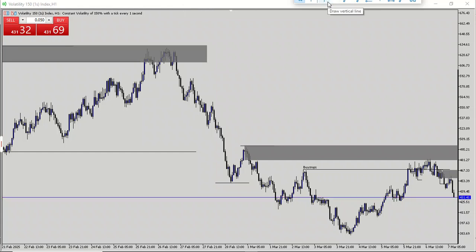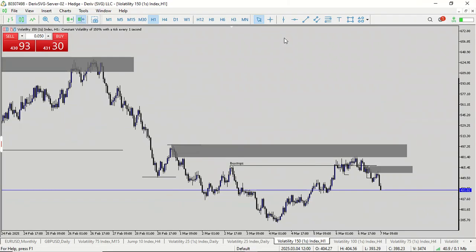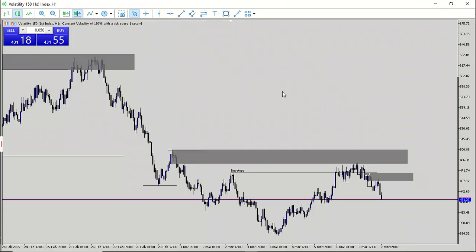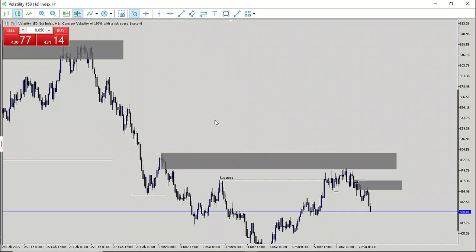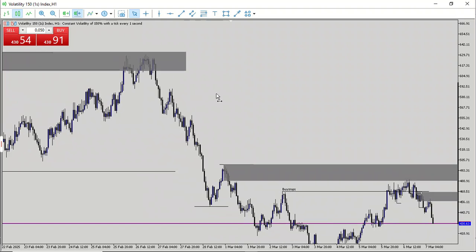My drawing tools. What did I do? Okay, so that is how you can have your entry.